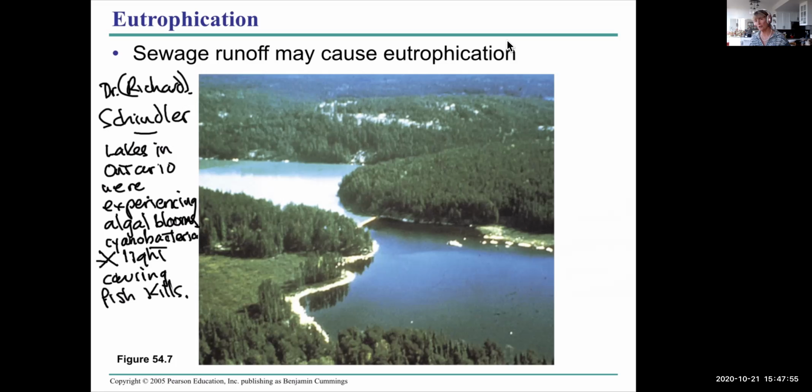So he questioned why that was. What was it that was causing the cyanobacteria to be successful over all the other bacteria, and what was being put into those lakes? So as it turns out, cyanobacteria is a nitrogen fixer.